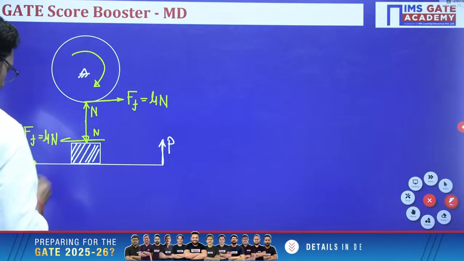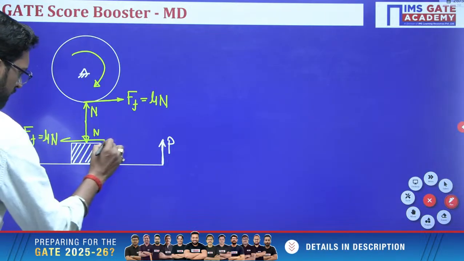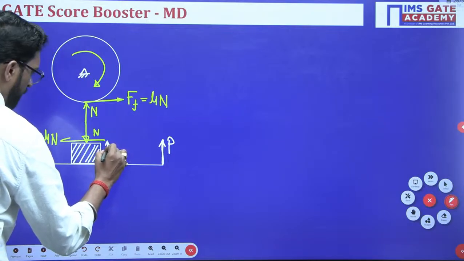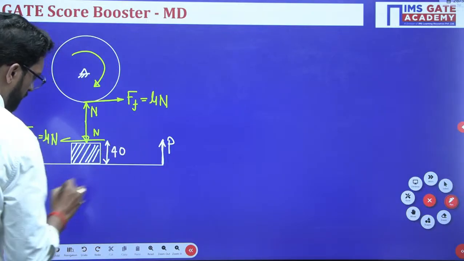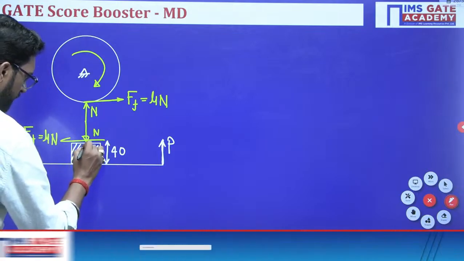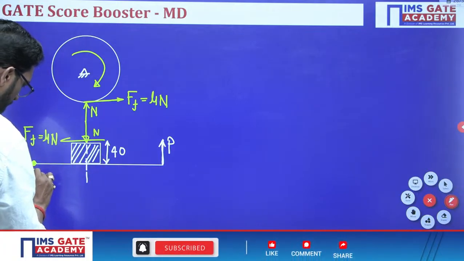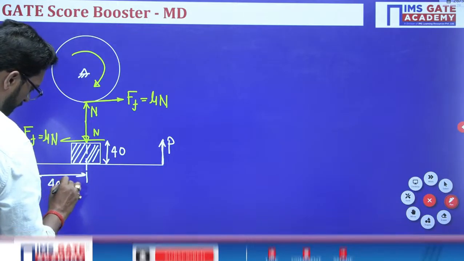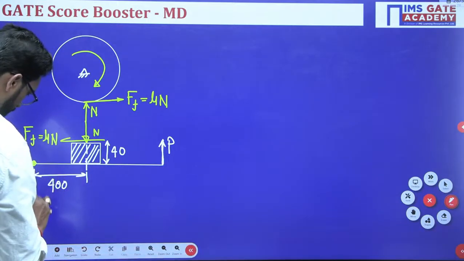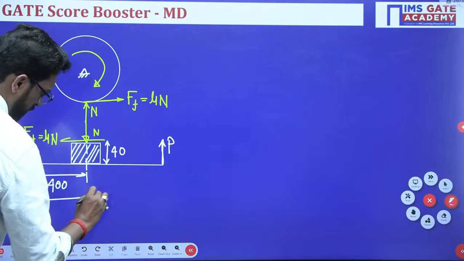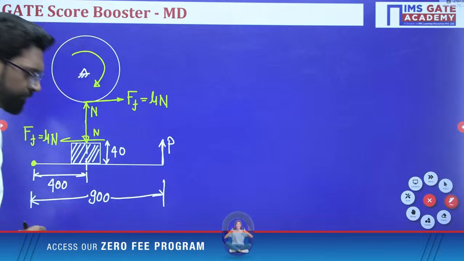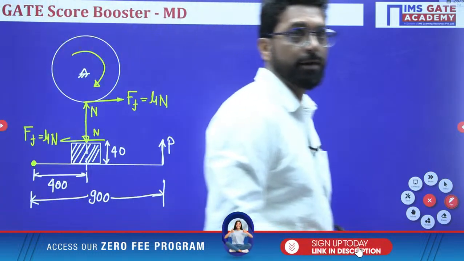This dimension is given, 40. This dimension is given, 400, and this total is 900. It is given like that. Okay.